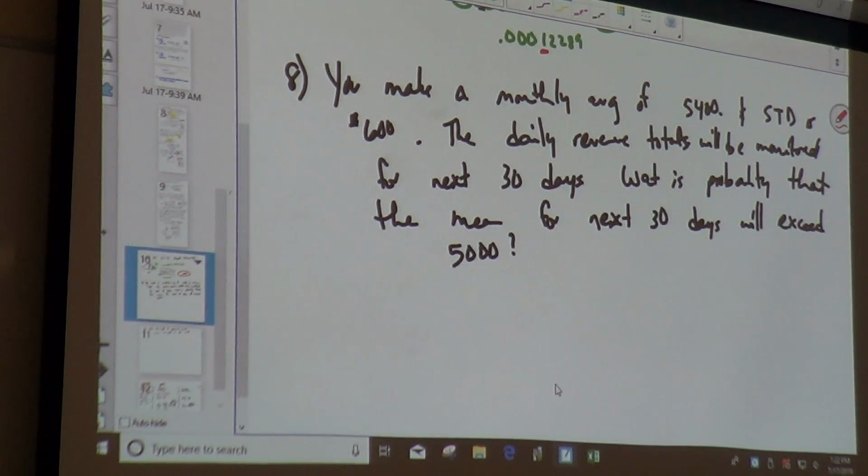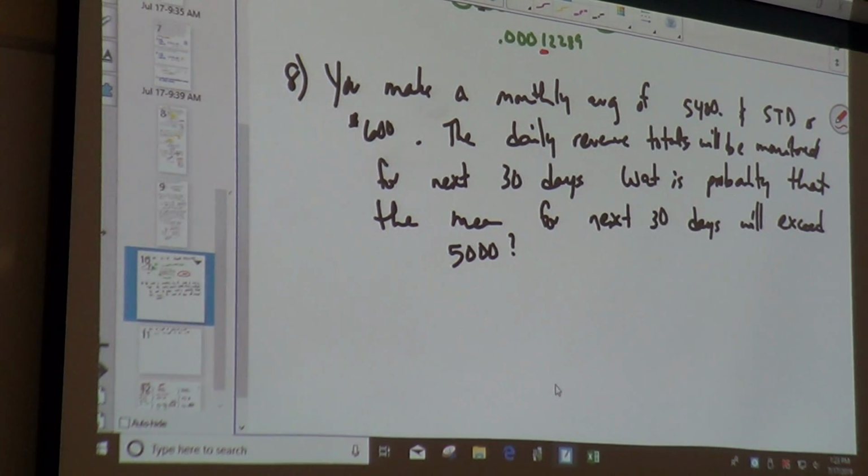You make a monthly average of $5,400, a standard deviation of 600.